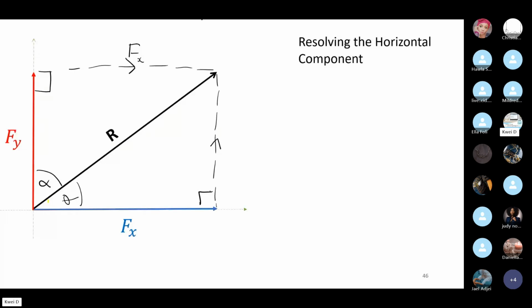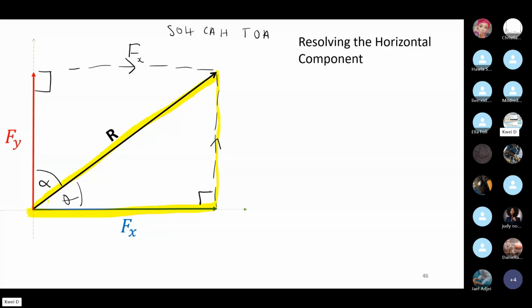So if you are applying the trigonometric ratios, let's focus on the down triangle first, and then we look at the other right angle triangle. So let's highlight this one we are focusing on. So if you are dealing with this right angle triangle, then clearly the Fx is adjacent to the theta. So if it's adjacent to it, that means you are using the cosine.